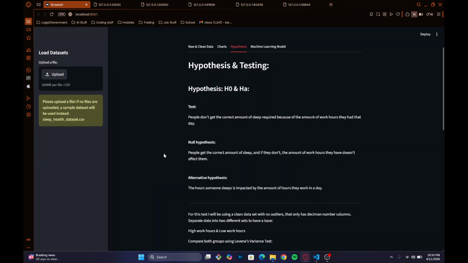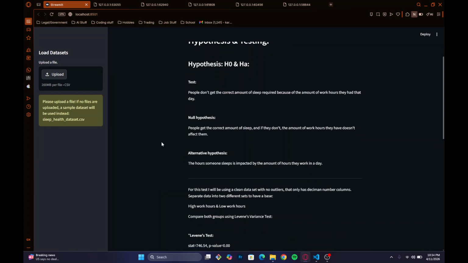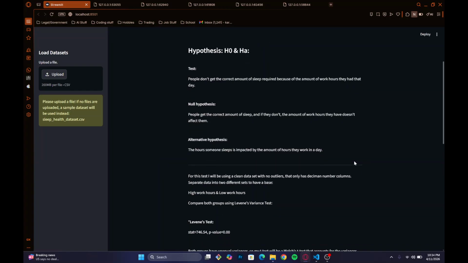Now, the null hypothesis for this was people get the correct amount of sleep, and if they don't, the amount of work hours they have doesn't affect them. Meanwhile, the alternative hypothesis was that the hours someone sleeps is impacted by the amount of hours they work in a day.